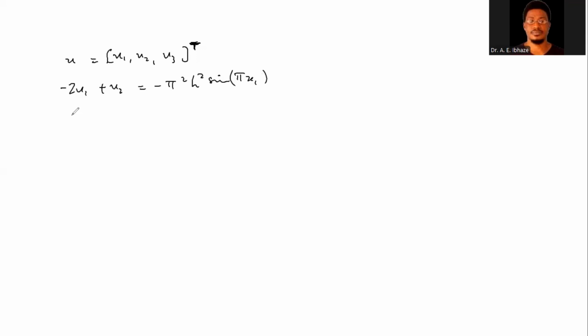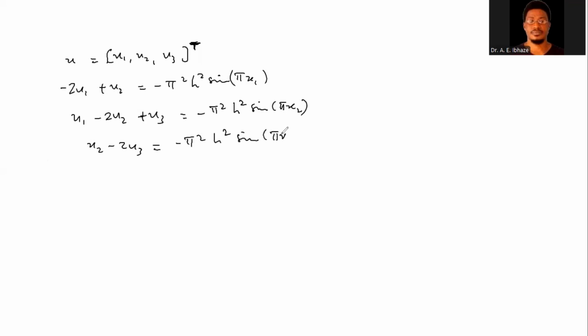And in this case, the next equation will be u_1 minus 2u_2 plus u_3 is the same as negative pi squared h squared sine pi x_2. And then we also have u_2 minus 2u_3 being the same as negative pi squared h squared sine pi x_3.